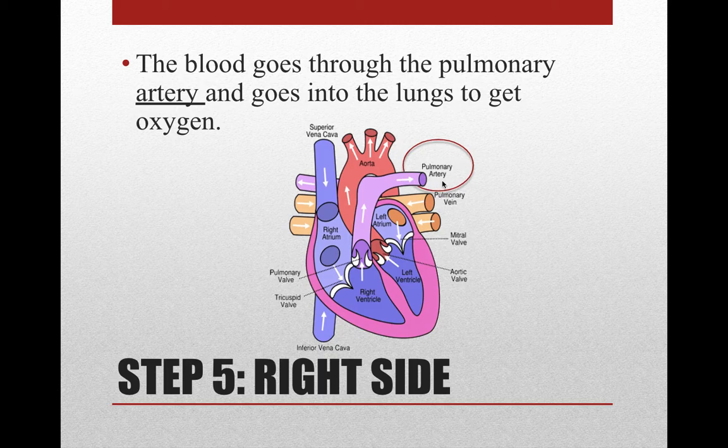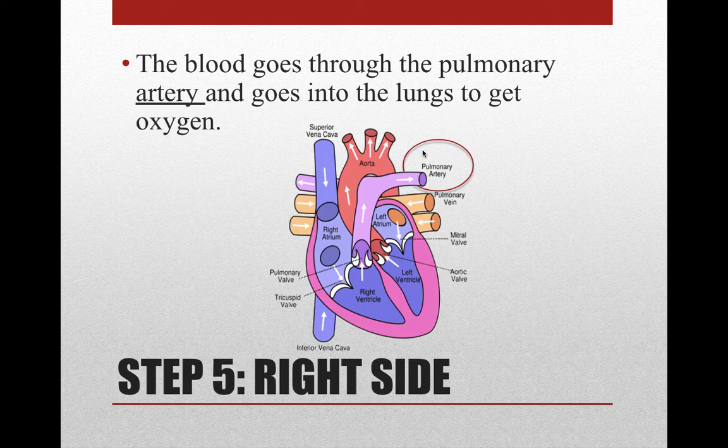Artery, remember, brings blood away from the heart. The pulmonary artery is the only artery in your entire body that carries blood with carbon dioxide in it. Otherwise, the other arteries in your body carry oxygenated blood to the rest of your body.